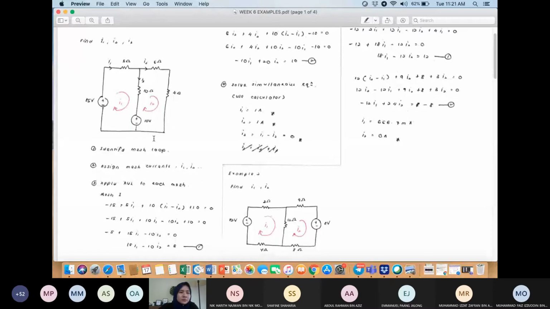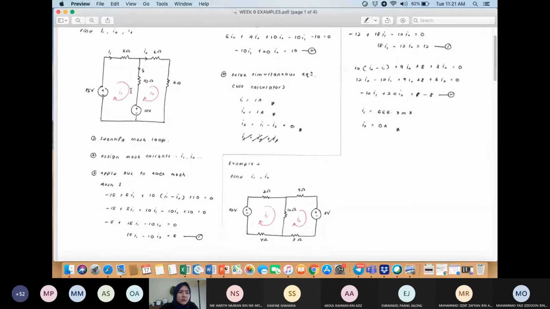So for mesh 1, look at here, this is positive, negative. So this is counterclockwise, the opposite direction compared to I1, so this is negative.